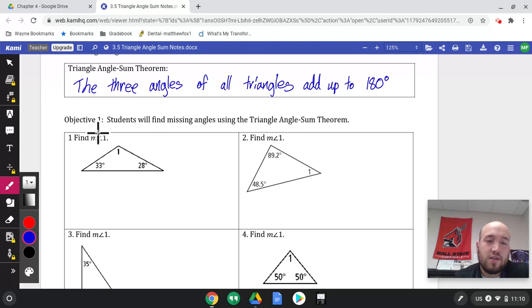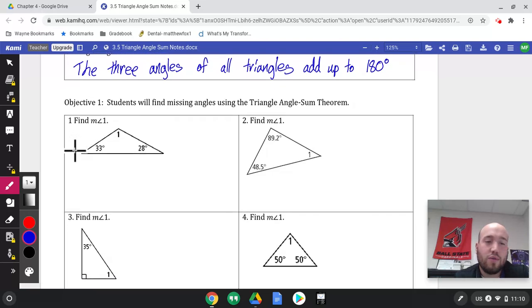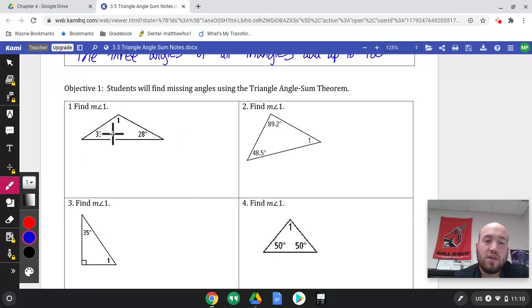These are the interior angles, meaning on the inside. If we look here, this first problem says find the measure of angle 1. Just so you can tell the difference, this one is a label, where this one, 33, has a degree sign, and so does 28. So 33 degrees, 28 degrees, and what angle would we get here to make this a triangle?